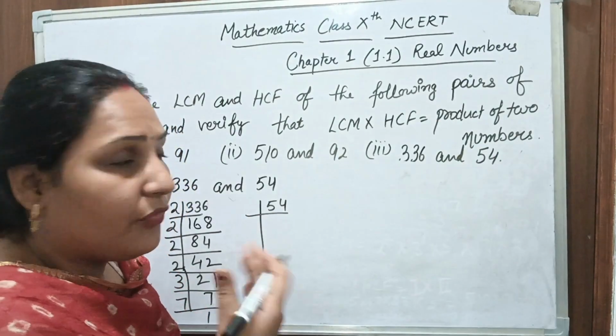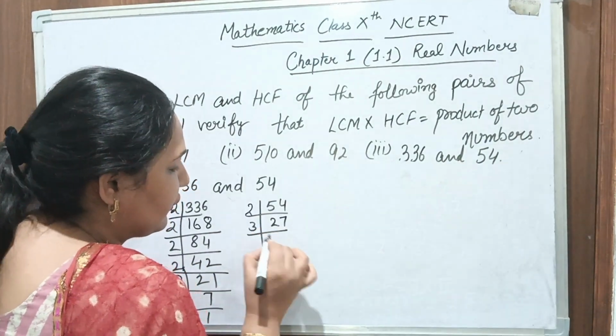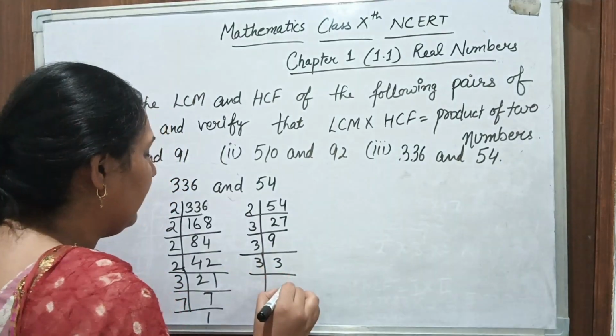Now come to 54. 2 twos are 4, 2 sevens are 14, 3 nines are 27, 3 threes are 9, and 3 ones are 3.